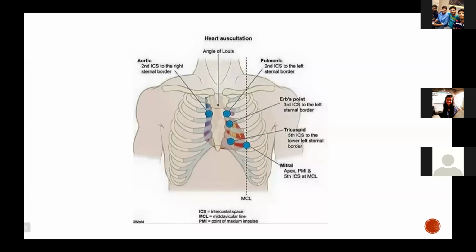Erb's area is the left third intercostal space. Here the murmur that we can usually pick up is most commonly the pansystolic murmur of a ventricular septal defect. As you can see, the ventricular septum is almost just behind the Erb's point. So if you auscultate the Erb's point, you'll be able to pick up a pansystolic murmur of VSD.